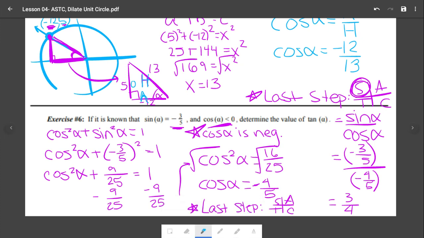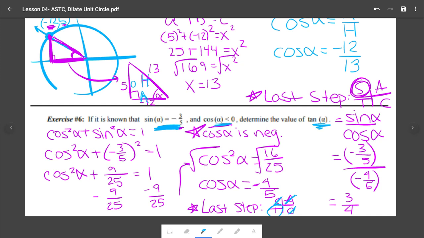Now, they didn't specifically say which quadrant we are in, but similar to question 3 at the top of this page, sine is negative. Sine is positive in quadrants 1 and 2, so sine being negative means you're in either 3 or 4. Cosine is negative, so that eliminates quadrant 4, which means we have to be in quadrant 3 here, similar to what we did in exercise 3 at the top.